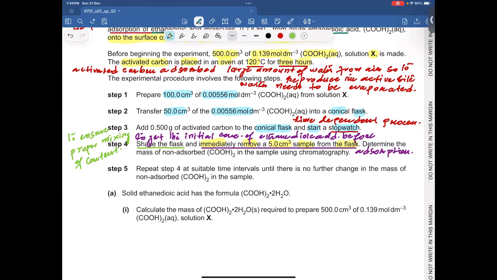Repeat step 4 at suitable time intervals until there is no further change in the mass of non-adsorbed ethanedioic acid in the sample.